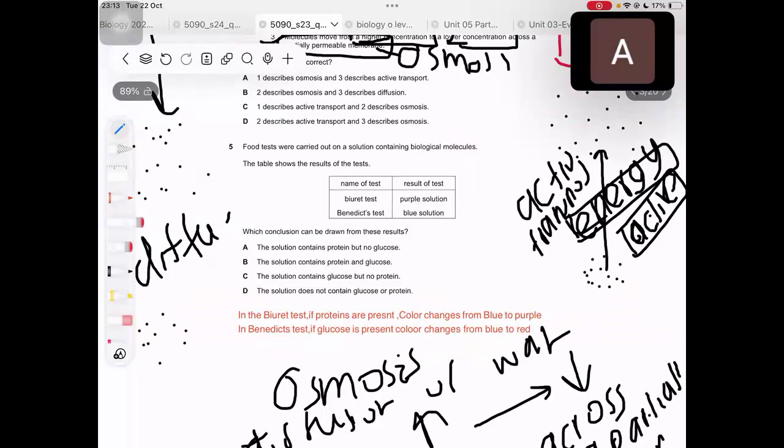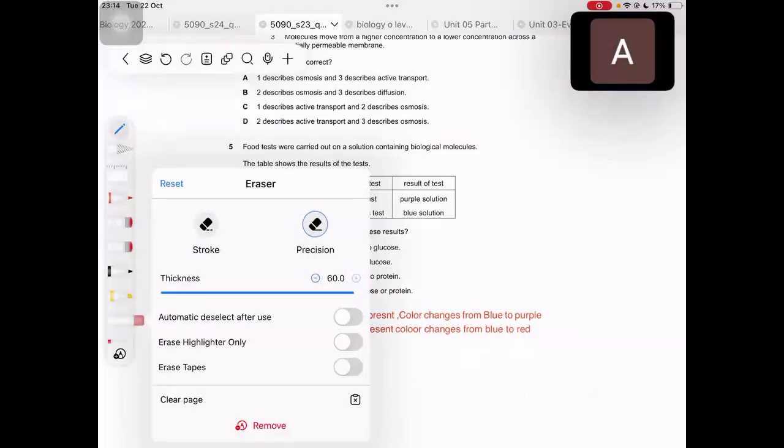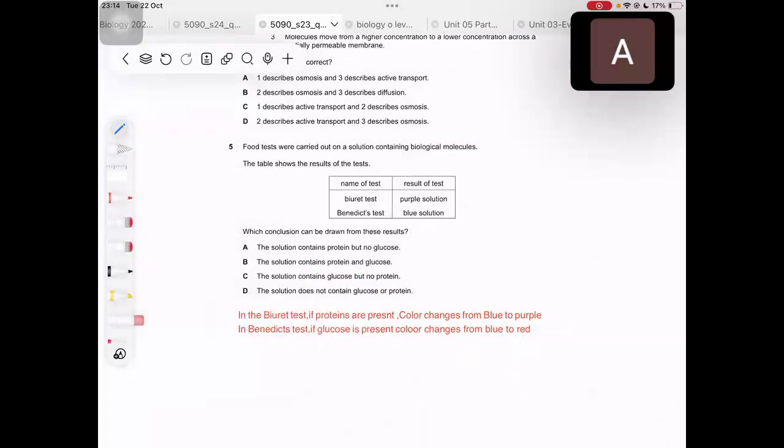Moving on to the fifth question. Food tests were carried out on a solution containing biological molecules. The table shows the results of the test: the Biuret test, result purple solution, and the Benedict test, result blue solution. First of all, we need to know what we use these tests for. We use the Biuret test to test if there are any proteins present in that sample, right?